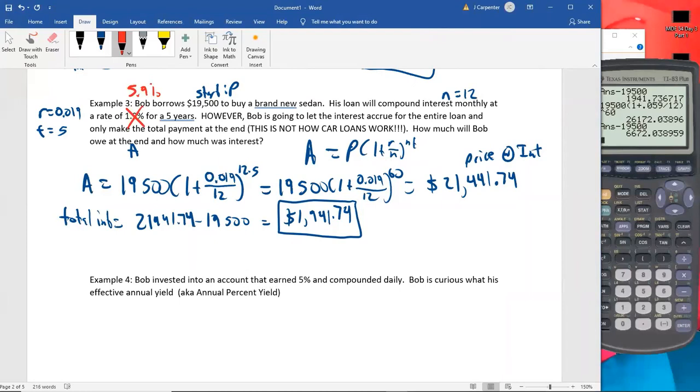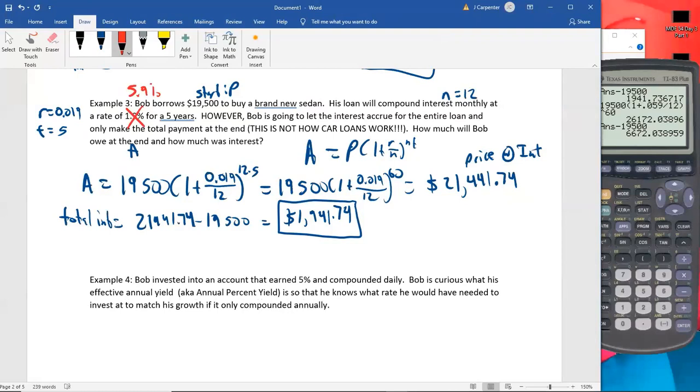Now, just because I'm giving you both versions of that phrase in this example doesn't mean my math lab problem or a test problem has to. That's why I'm trying to make sure I always repeat that they are the same thing. EAY is APY. So Bob is curious as to what his effective annual yield is, so that he knows what rate he would have needed to invest at to match his growth if it only compounded annually.